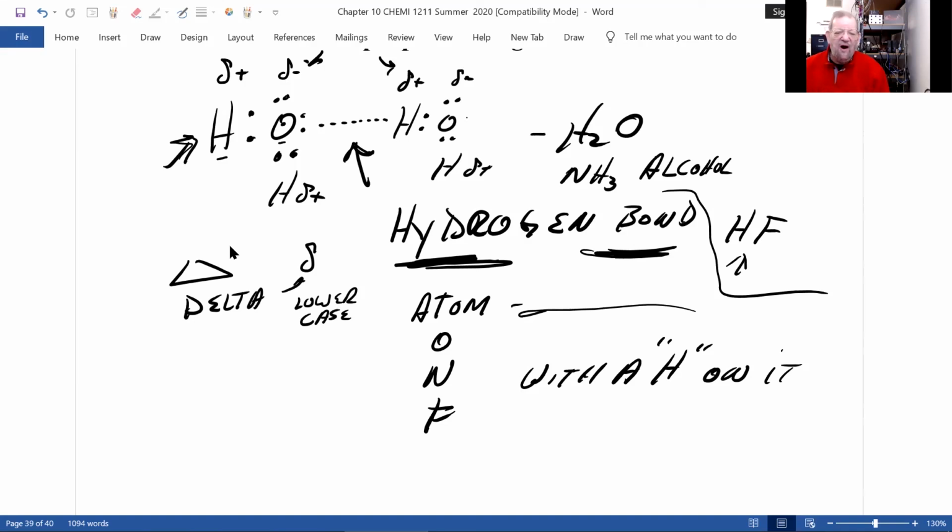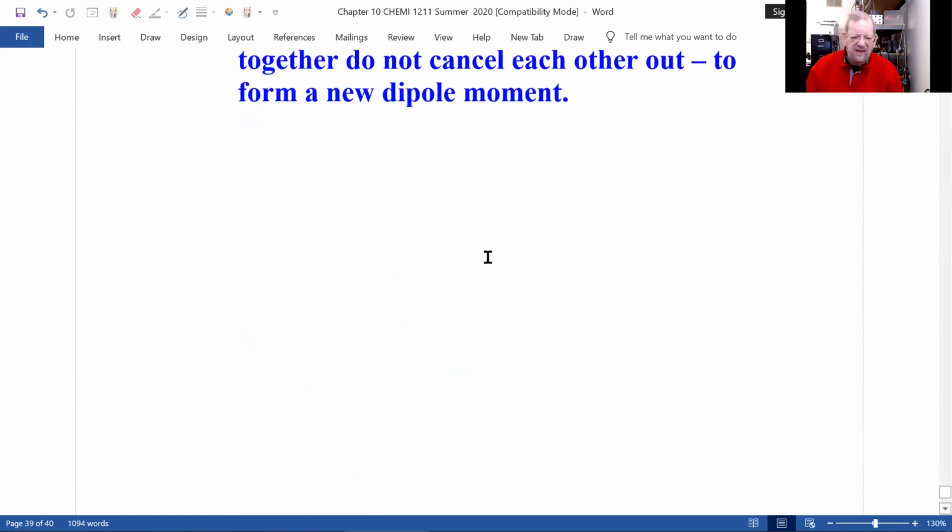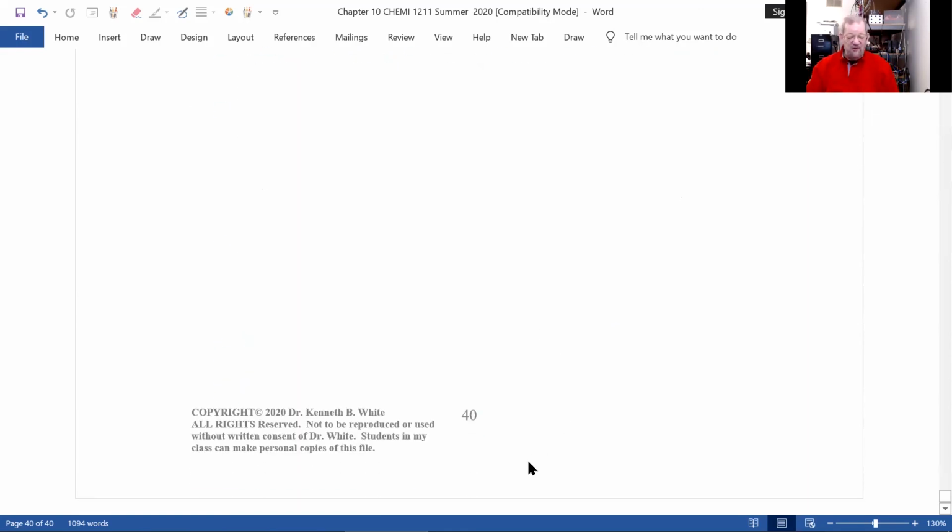So water, ammonia, alcohol, and HF can all hydrogen bond. These are sometimes called polar molecules.